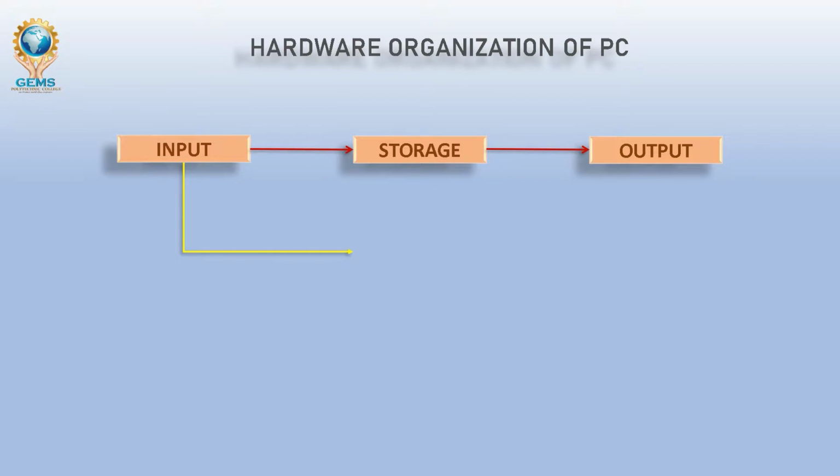So input directly sends data to a control unit to process it. The storage devices are also connected to the control unit directly. It is a two-way path.